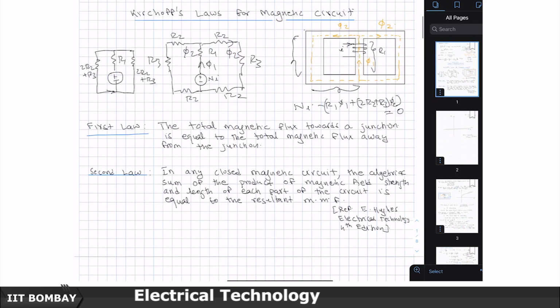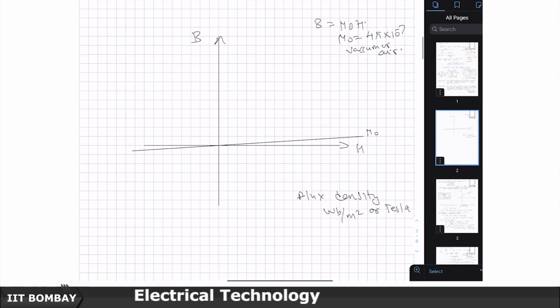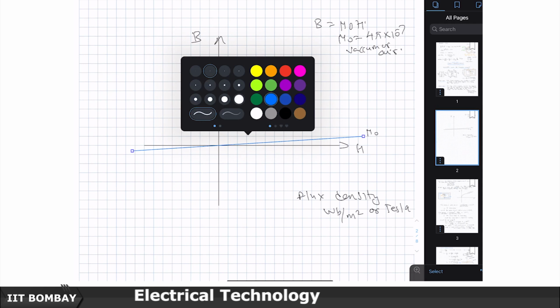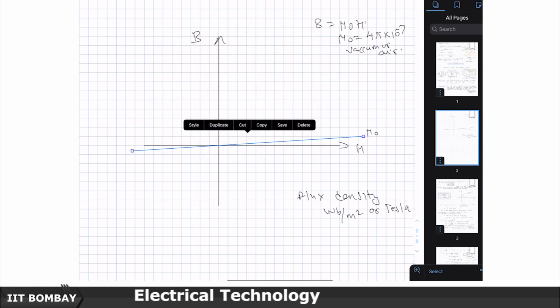But if you use an iron core as I just showed, or a ferrite core as I just showed you now, then this B will be amplified or increased significantly. So for example, this could be when the ferrite core has a relative permeability of 10,000.